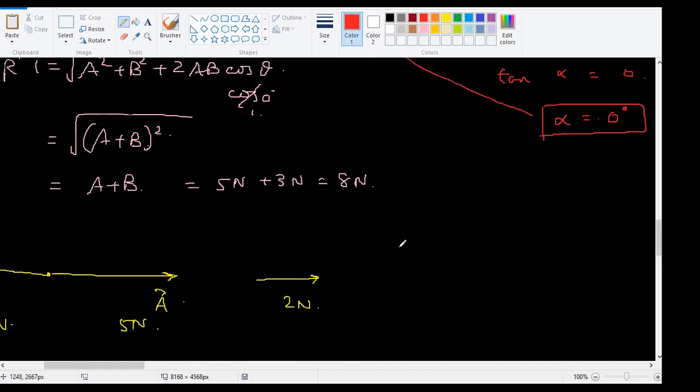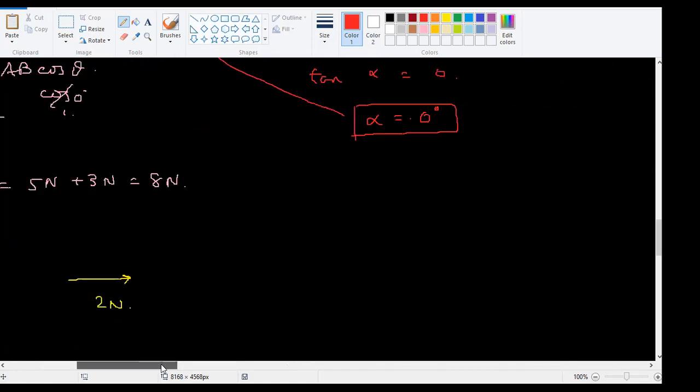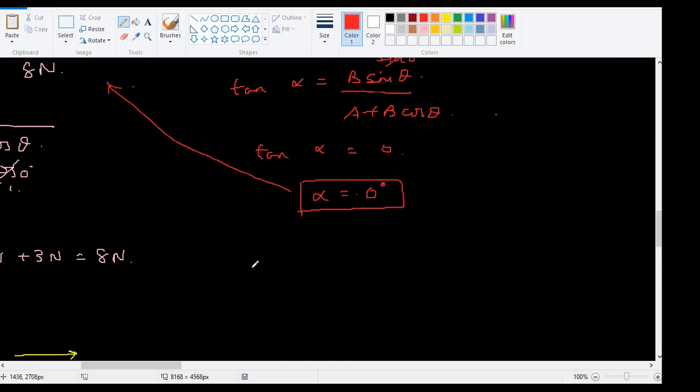Now let's go to the next one. 180. So same formula, tan alpha is equal to b sin theta divided by a plus b cos theta. So sin 180 becomes, what is sin 180?